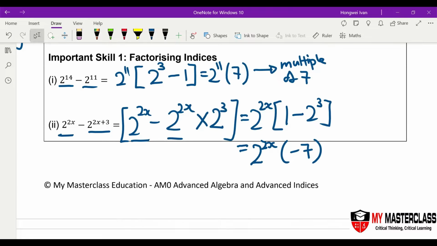We factorize out 2 to the power of 2x from this term, and it's not left with 0, it's left with 1. 1 minus 1 times 2 to the power of 3, isn't it 2 to the power of 3?